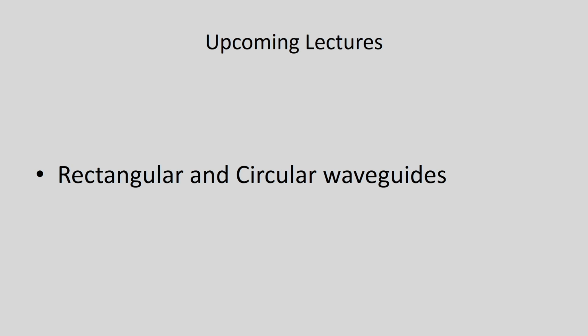We now consider another type of waveguiding structure, in the form of hollow metallic pipes of rectangular or circular cross section. These are called rectangular and circular waveguides. So, our next lecture will start with the discussion of this type of waveguides.